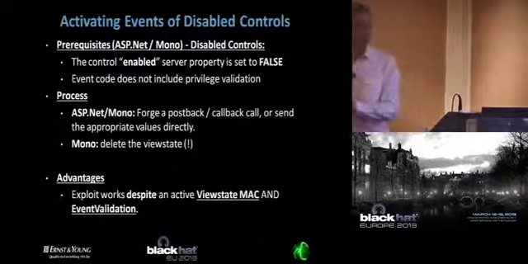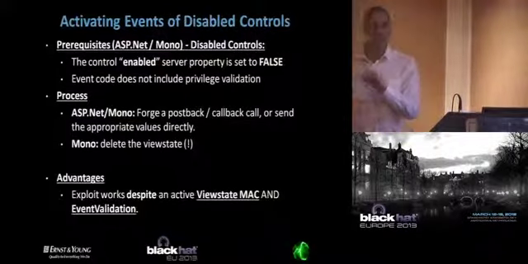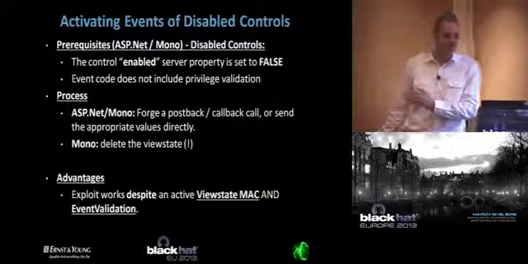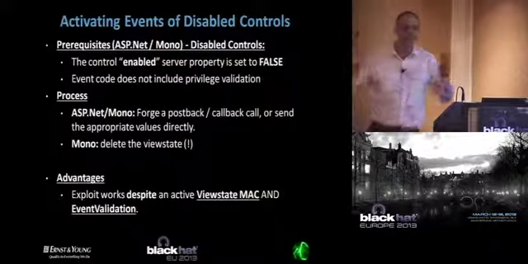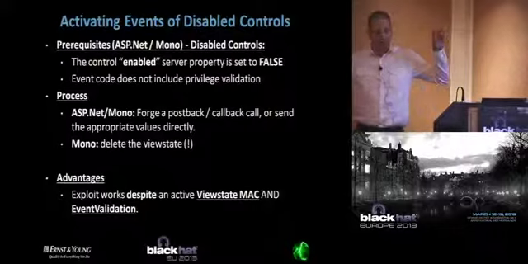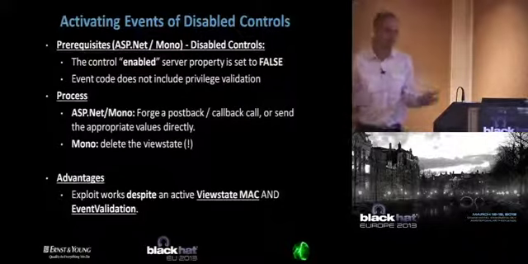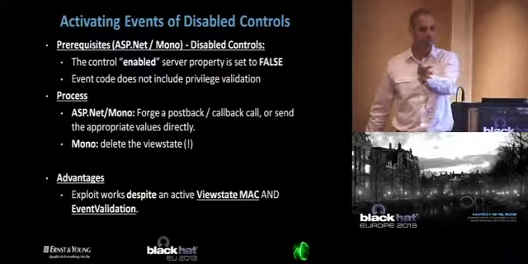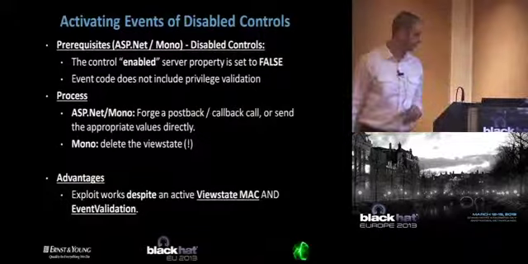That attack works again regardless of the view state MAC and the event validation mechanism, because the disabled feature isn't really supposed to be a security feature. It works in ASP.NET cleanly, and it works in Mono if you delete the view state field completely.